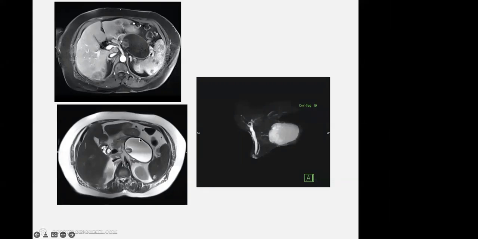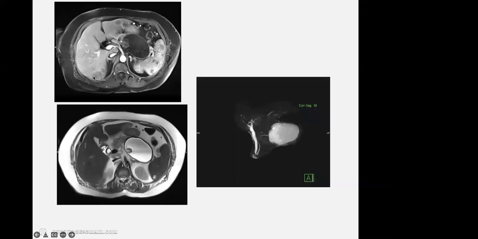And on MRCP or HASTE sequence, you can also see this is the pancreatic duct, which is not dilated, and there is a thick-walled unilocular cystic lesion at the pancreatic body and tail. The lesion has a small eccentric soft tissue mural nodule. And on this contrast enhanced study, you could see the nodule is enhancing as well as the enhancing wall of the unilocular cyst.